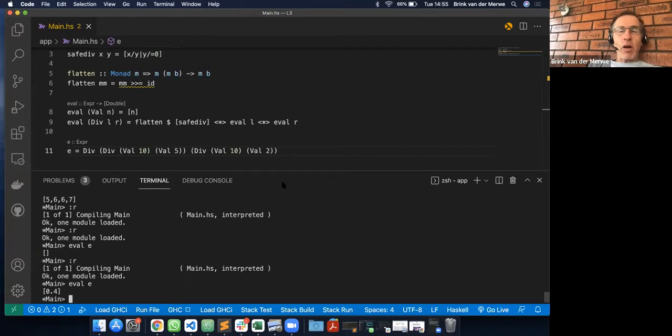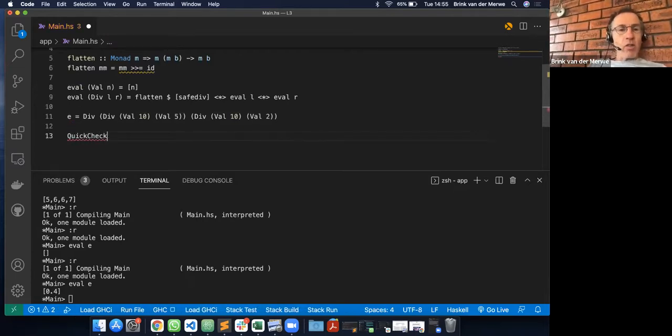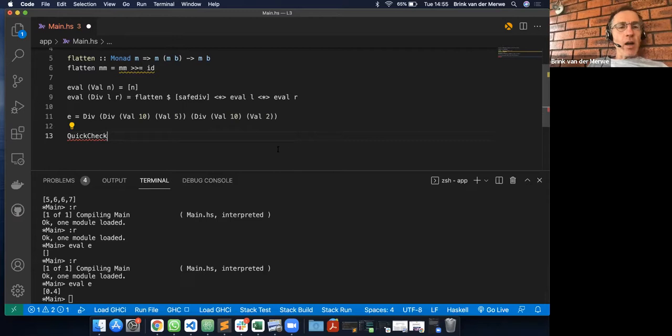And the surprising thing, as I've mentioned before with Haskell, is that if the type checker is happy, quite often your code is correct. I'm not going to have time to show you some examples, but there's something called QuickCheck that I can recommend.